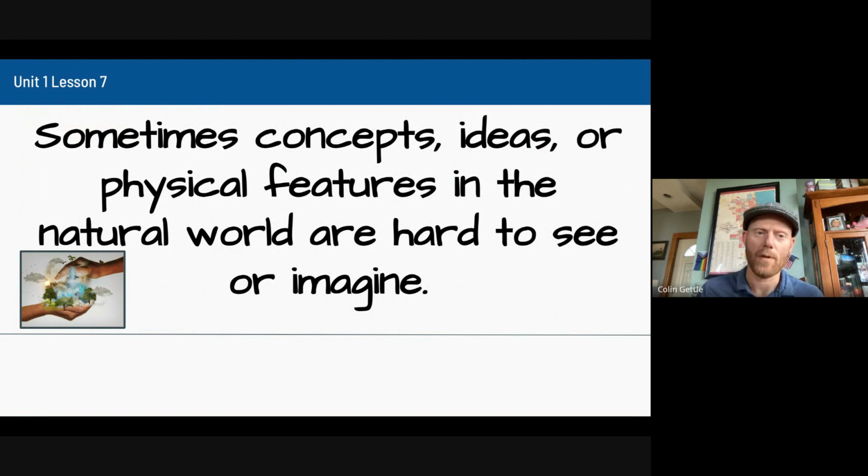Let's start here. Okay, we've been talking about atoms and molecules and compounds. These are very, very, very small things. So small, in fact, that we cannot see them even with powerful microscopes. So we have to use what are called models.